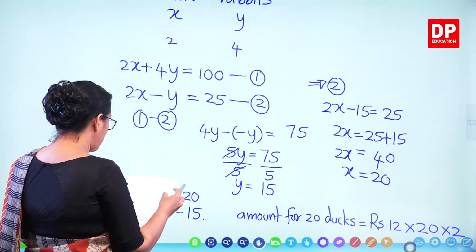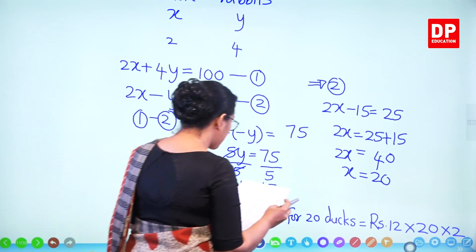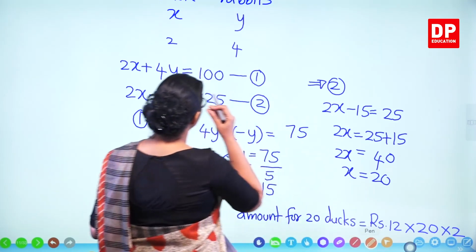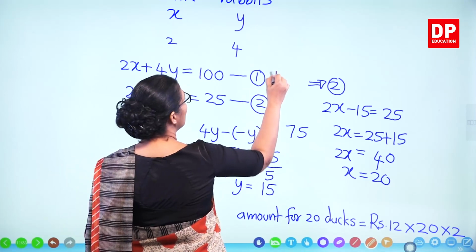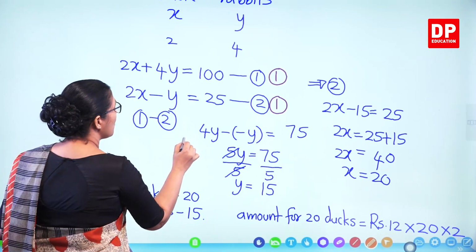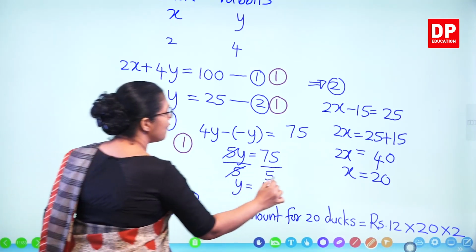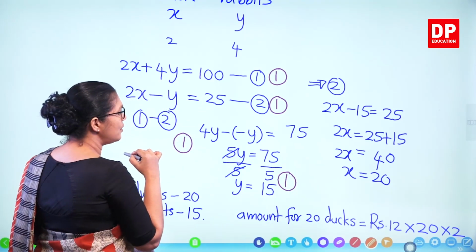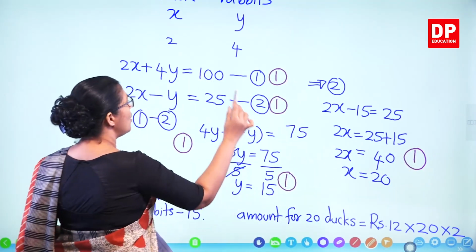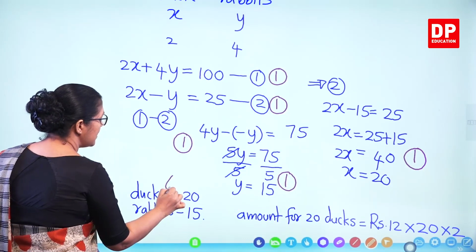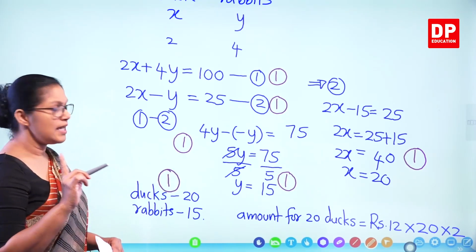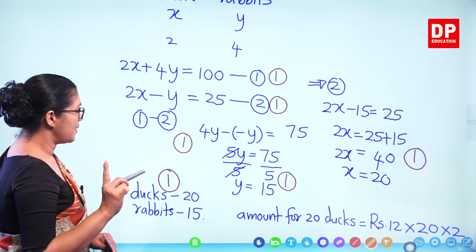So starting with this one. You get 6 marks for solving the two equations. One here, one constructing, and then solving and finding this y value and finding x value: 1, 2, 3, 4, 5, and here 1 mark for identifying number of ducks 20, number of rabbits 50.